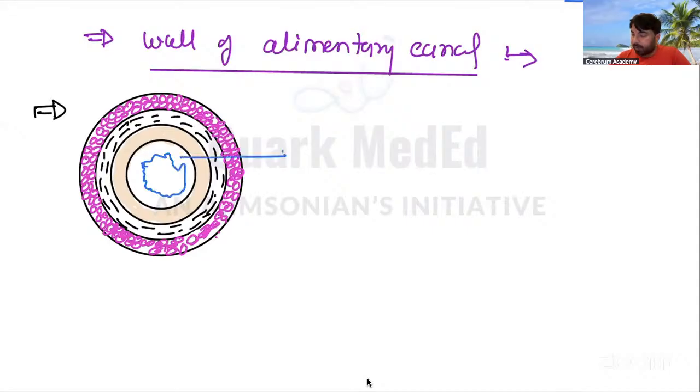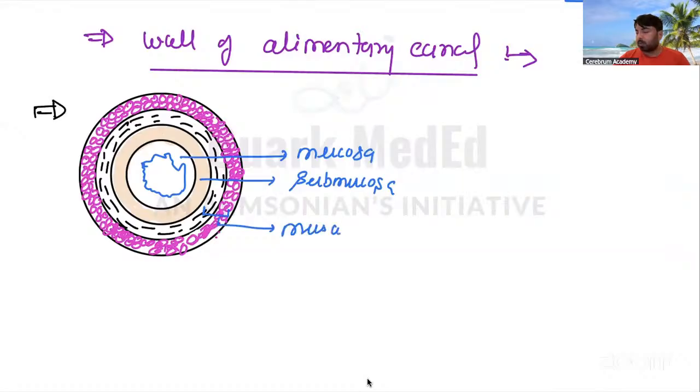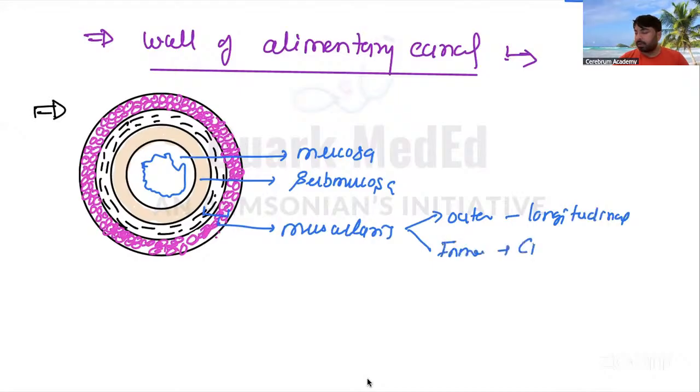So let me write one by one. This is mucosa. This is submucosa. And these two together, they are muscularis. And outer is longitudinal and inner is circular.